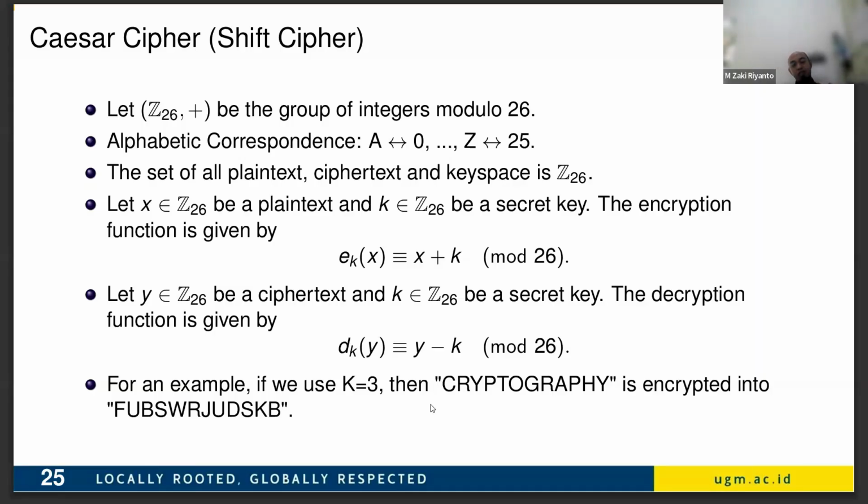We just move backward. So if we have a ciphertext y, then the decryption is y minus k. For example, if the key is 3, then the plaintext cryptography is encrypted to FUB and so on. So I think it's very simple.